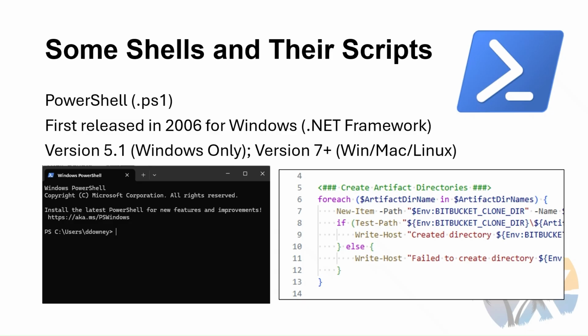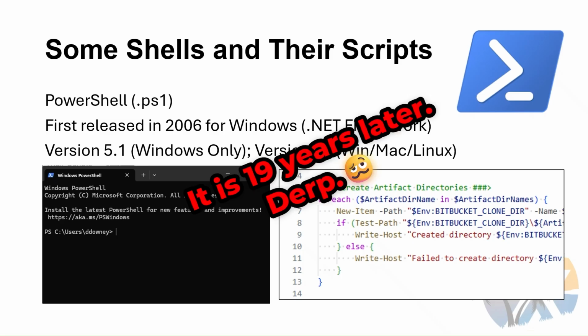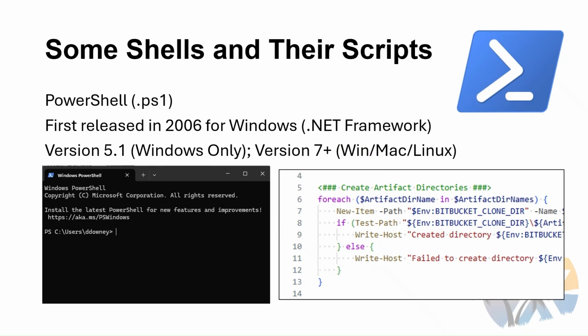Then PowerShell. PowerShell first came out in 2006. So you can see it's almost 20 years later, from 30 years later, from the 1987 command prompt. Basically, Windows came out with the .NET framework, which was this really great way of controlling Windows computers and building applications and all sorts of things like that.